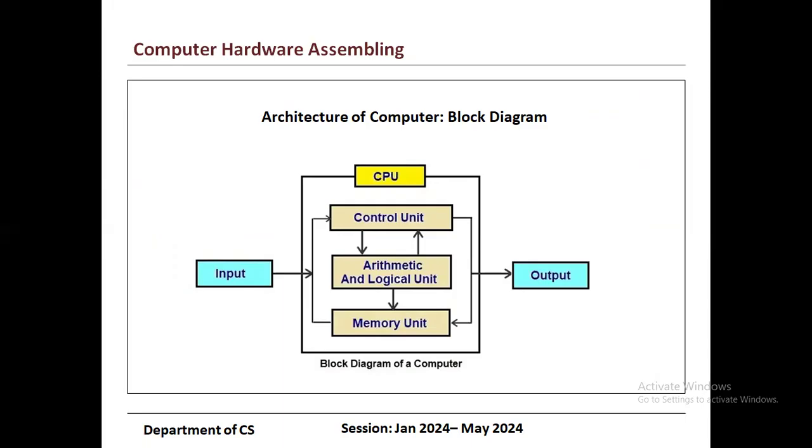It basically consists of the input module, the central processing unit, and the output module. Furthermore, the central processing unit comprises the control unit and arithmetic logical unit. There is another part called the memory unit. In the next slide, we'll discuss the function of each component in detail.